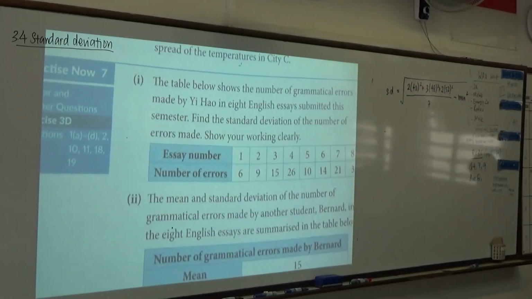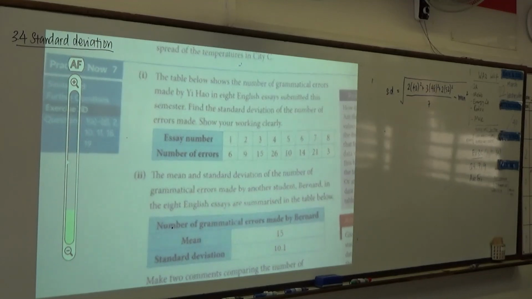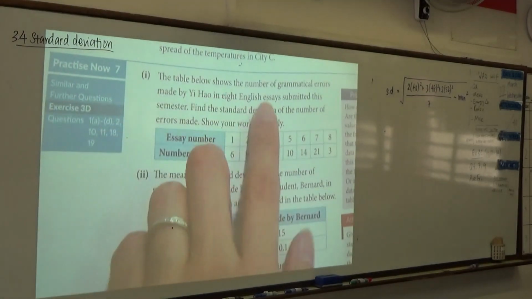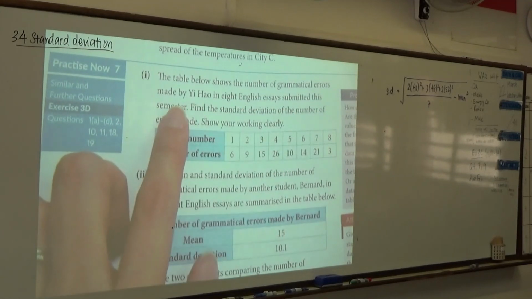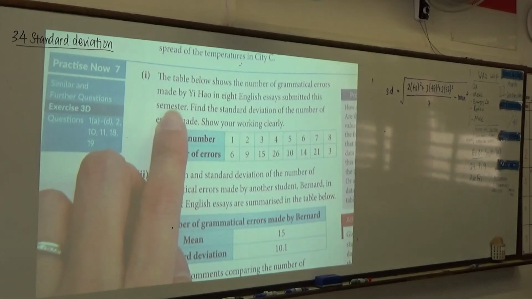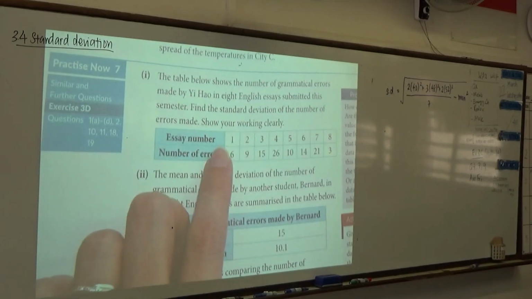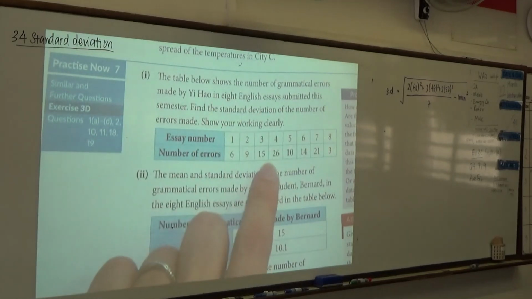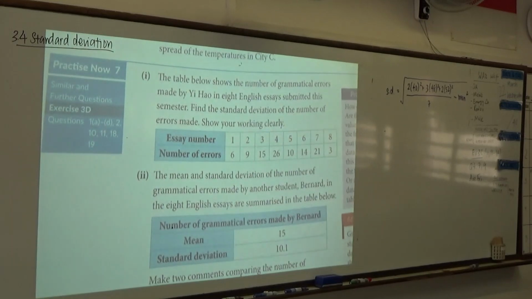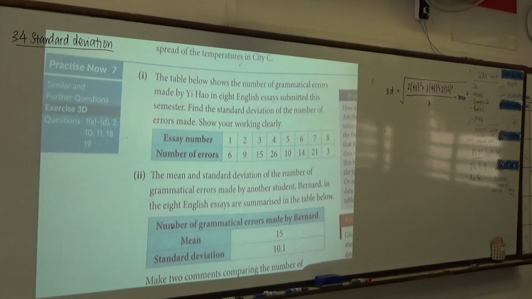Now, this question here. Practice now 7, part I. It shows that the table below shows the number of grammatical errors made by Yihao in 8 English essays submitted this semester. Find the standard deviation of the number of errors made. So first of all, you must be able to recognize from this table what is the data value and what is the frequency.